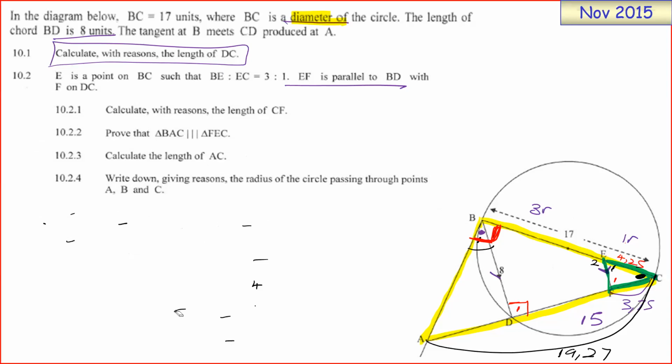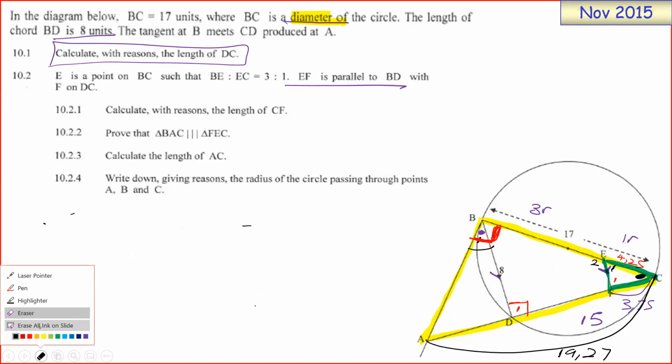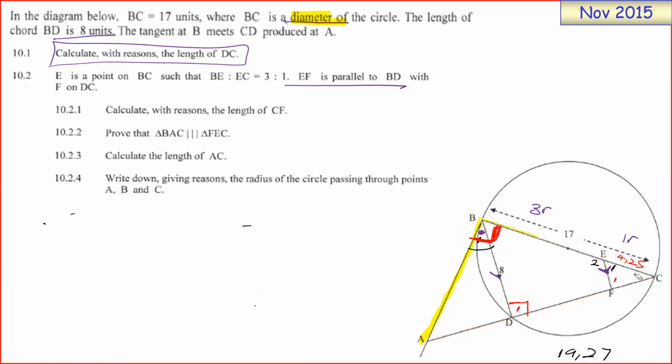It says, write down, giving a reason, the radius of the circle passing through A, B, C. Any comments? Do we have to draw the circle? No, it's already drawn for you. But it doesn't pass through A. So would it be 17?